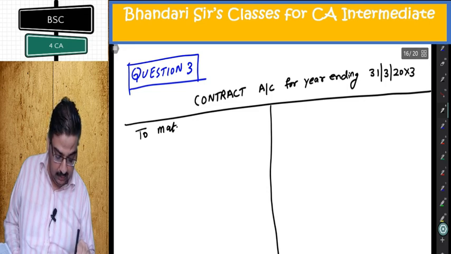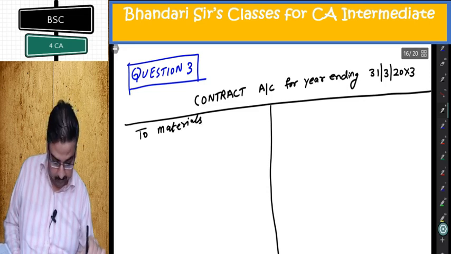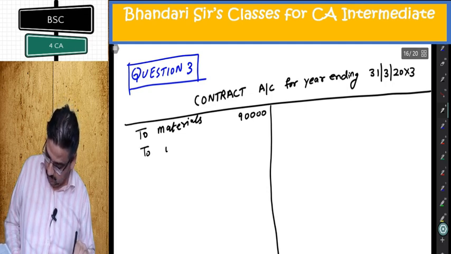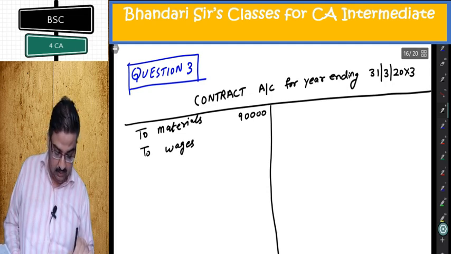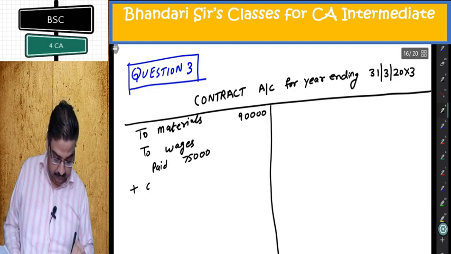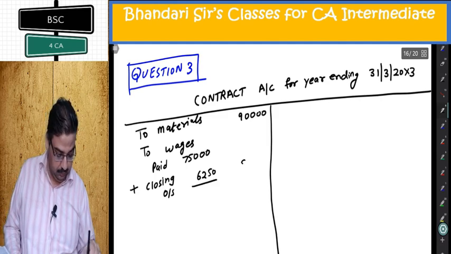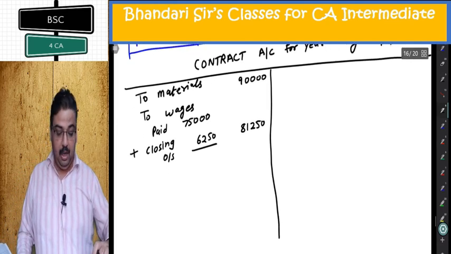New contract, nothing opening. 90,000. To wages, internal column paid 75,000. Add closing outstanding 6250. 81250.